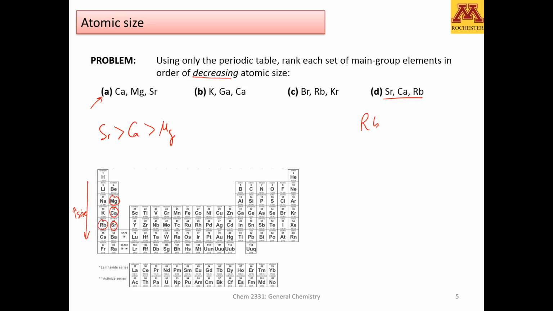I'm not having a good day today, apparently. Strontium will be smaller than rubidium because it's more to the right of the periodic table. And if strontium is larger than calcium, as we said, because it's lower, calcium will be the smallest, followed by strontium, followed by rubidium.